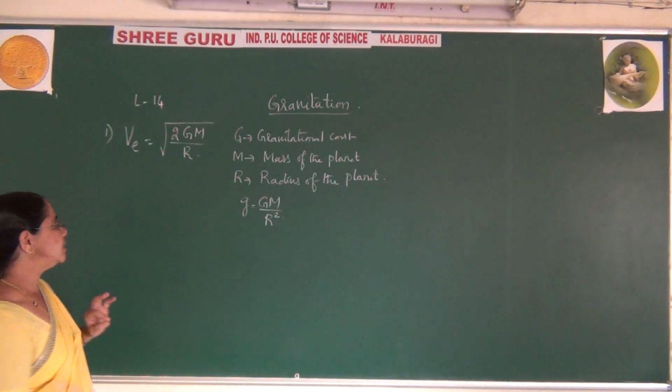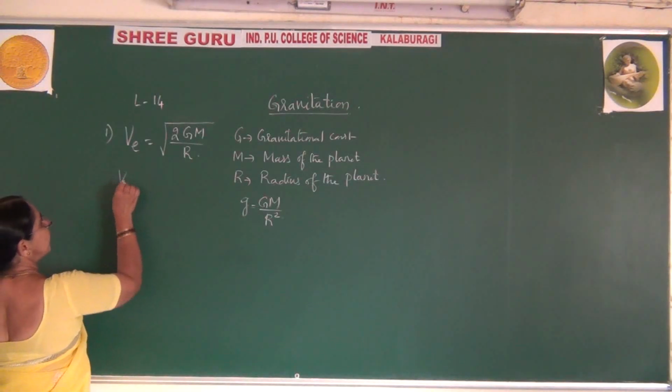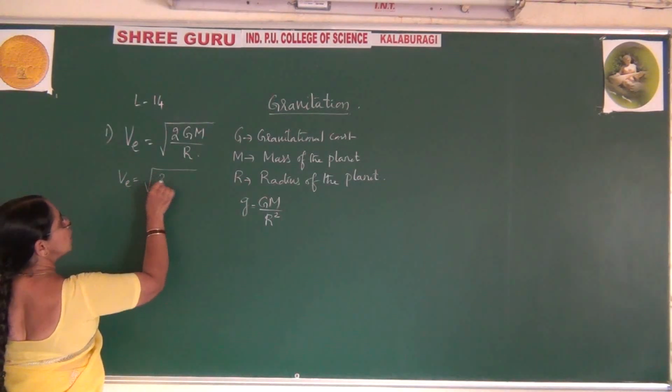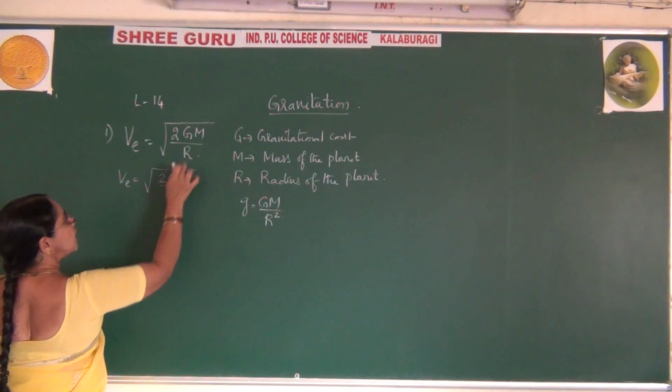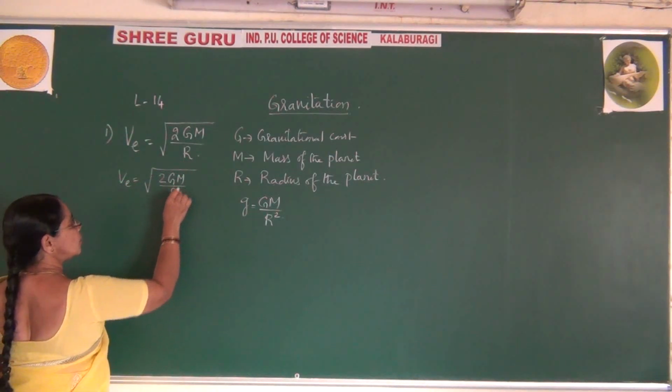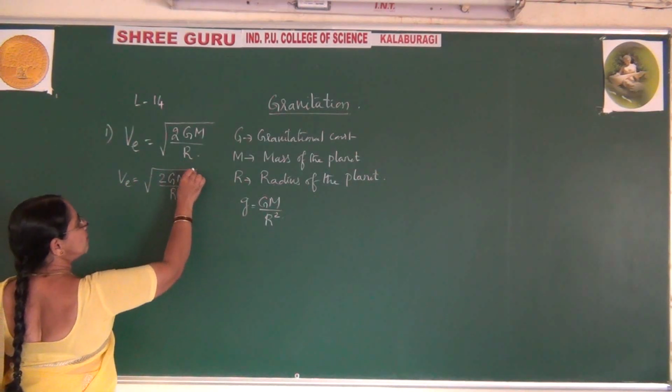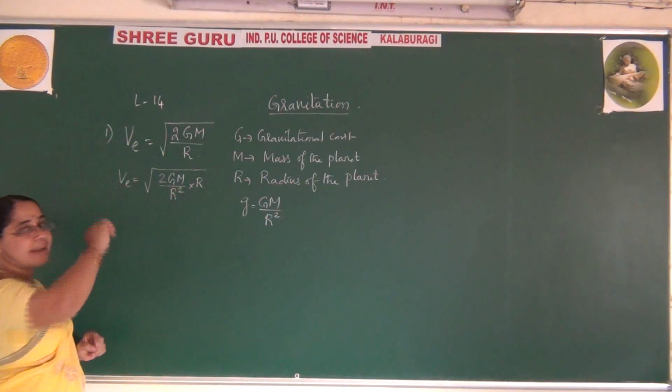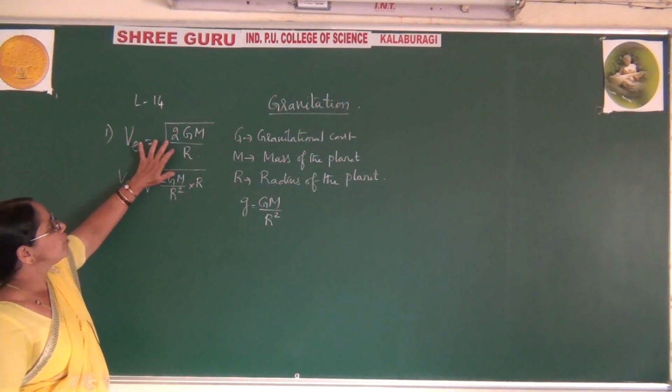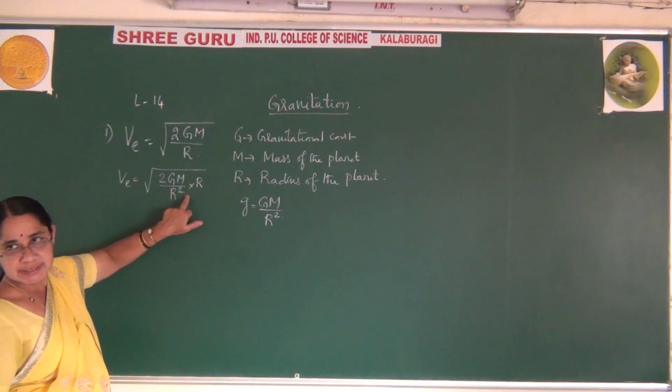I rewrite the formula: V_E is equal to root of 2GM by R square, multiplied by R. That will never affect the expression.